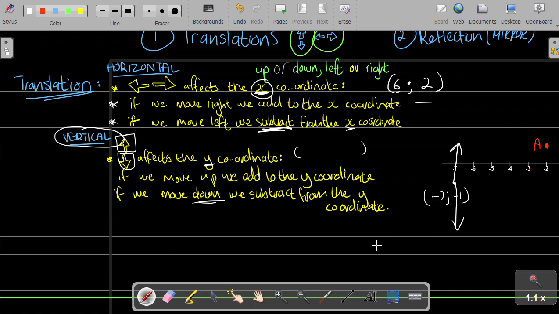So if I'm going down 2 units, my new coordinate would be -7. This stays the same, obviously. We're not moving horizontally.